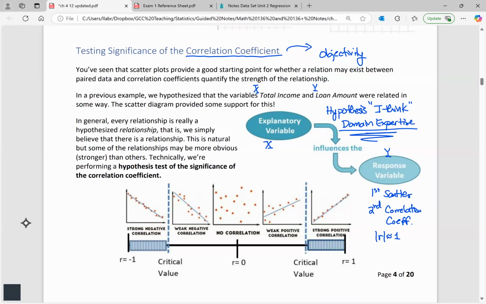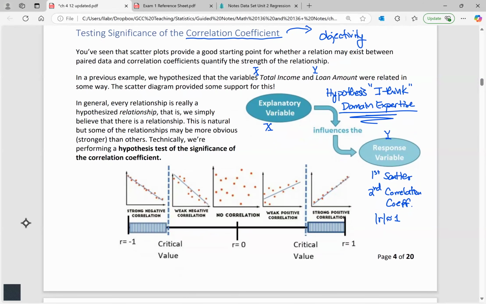And what we end up with is our very first hypothesis test, because we know that if these variables really are not related, then the population, and here's something important, rho, the Greek letter R, is actually the population correlation coefficient between X and Y. And remember, we don't have access to the population.